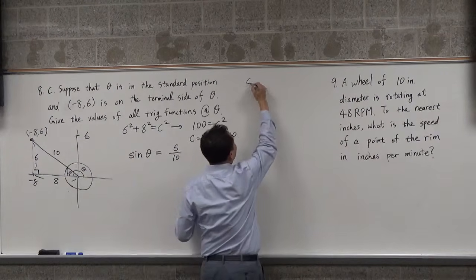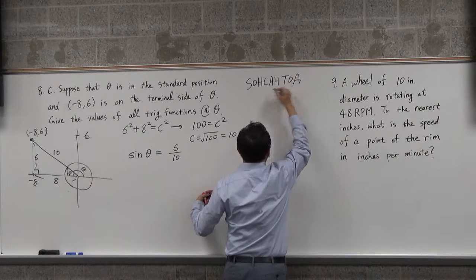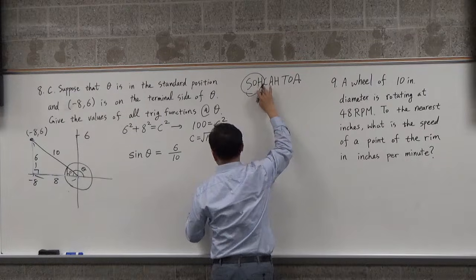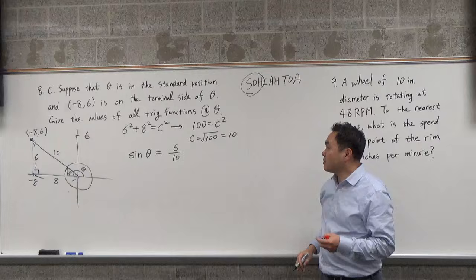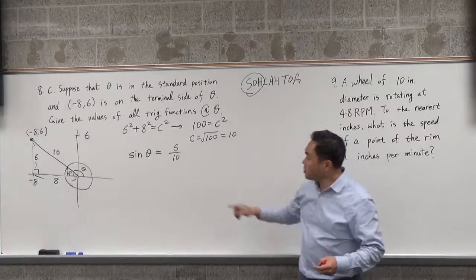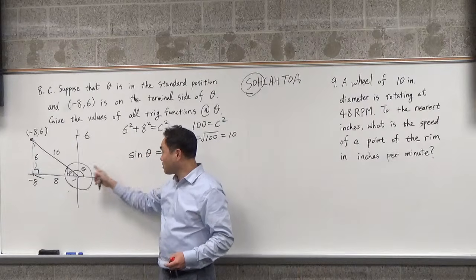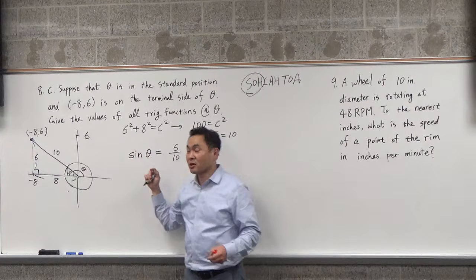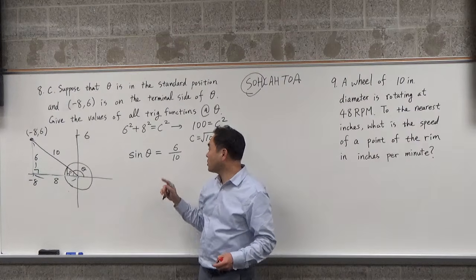Remember, it's SOHCAHTOA. And we have this one, opposite over hypotenuse. Okay. But as I said, we're really using the red theta, not the black theta, right?